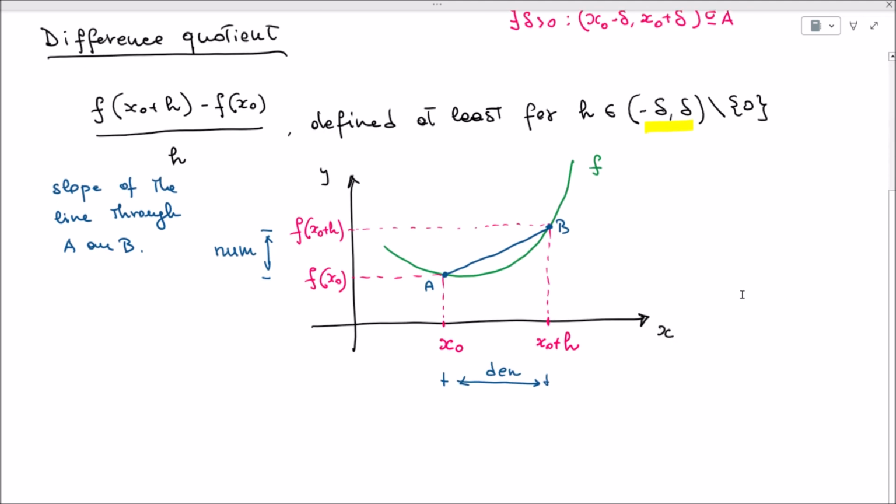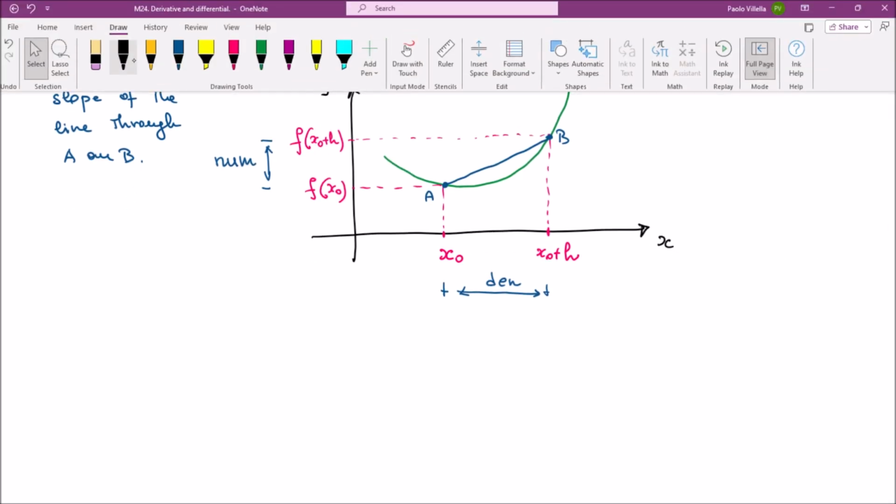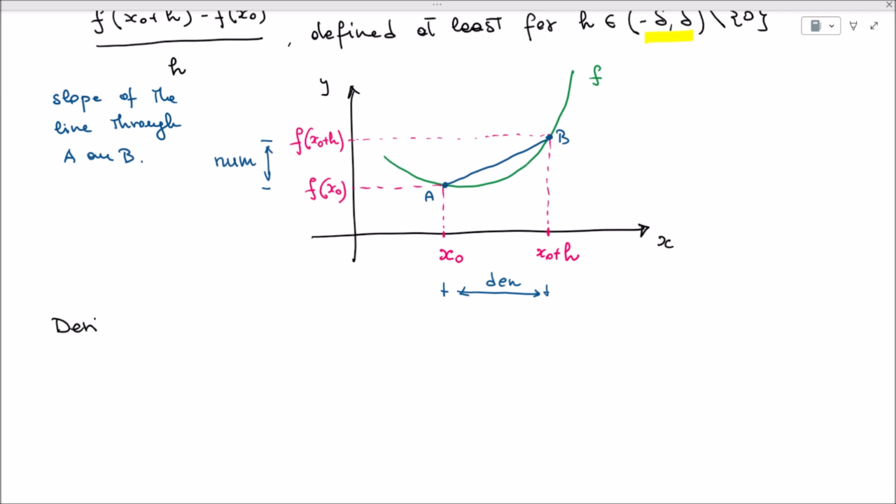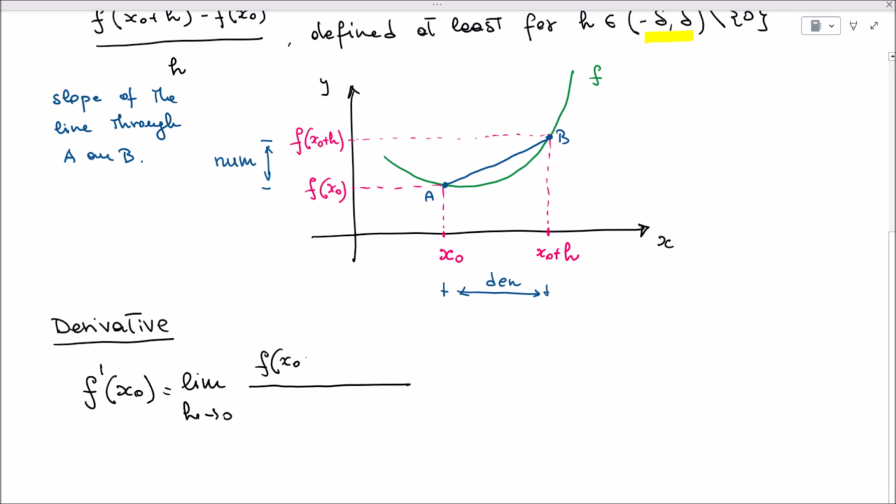And now we are ready to give the definition of derivative. The derivative of the function f at the point x0 is defined as f prime of x0, and it is defined as the limit as h goes to 0 of the difference quotient f of x0 plus h minus f of x0 divided by h.